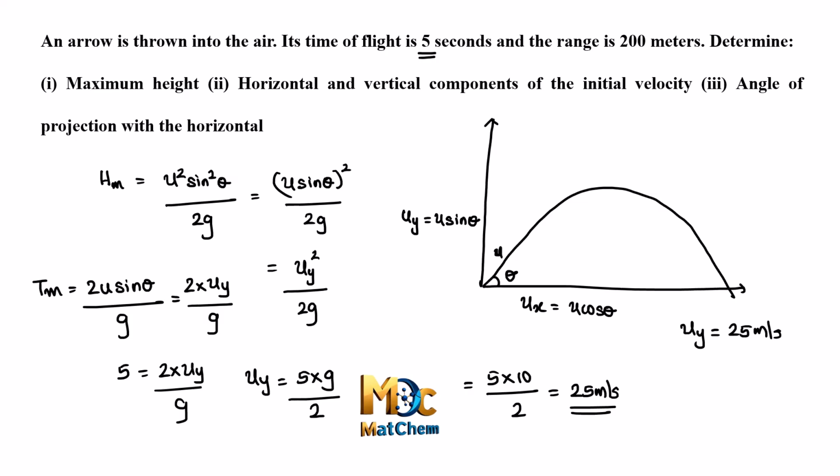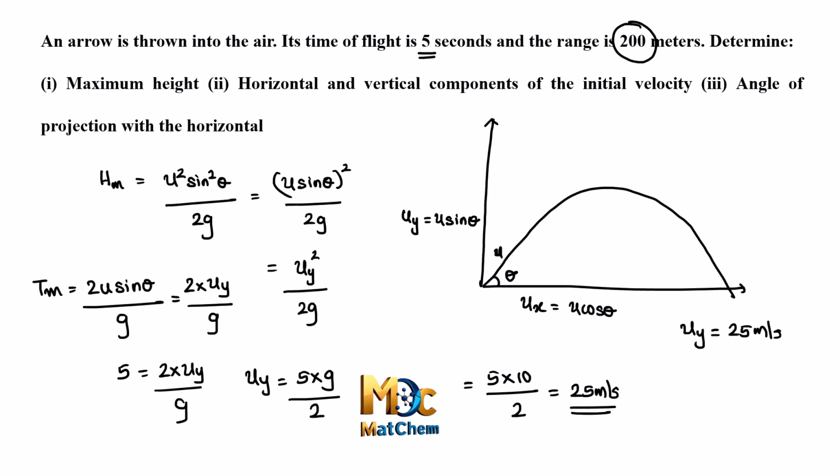They have given that the range is equal to 200 meters. For a projectile motion, range is nothing but the horizontal displacement. We know that displacement can be calculated as ut plus half at square. So for horizontal displacement, Sx will be equal to the initial velocity component along the x-axis into t.